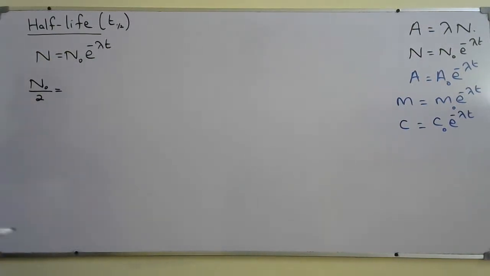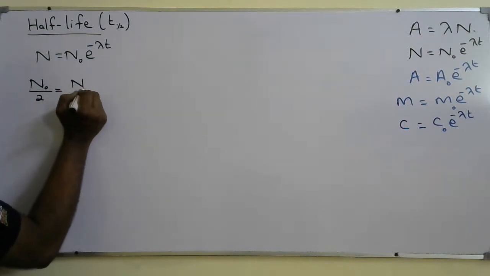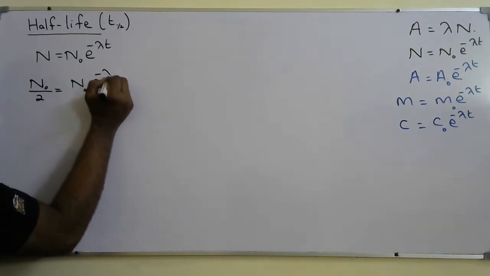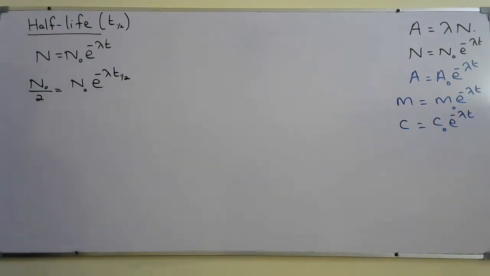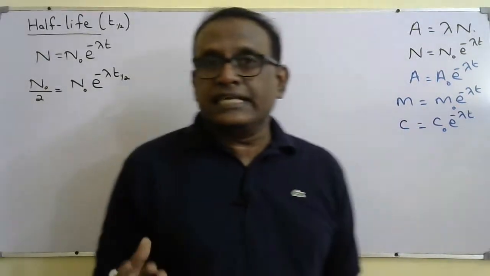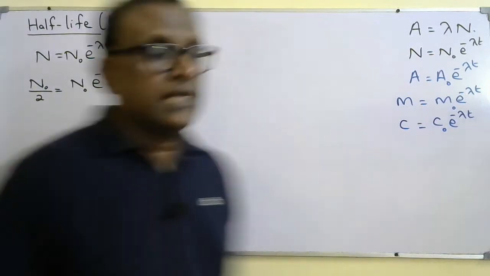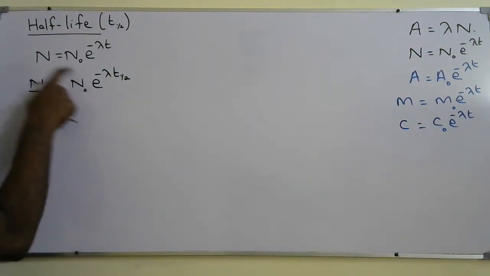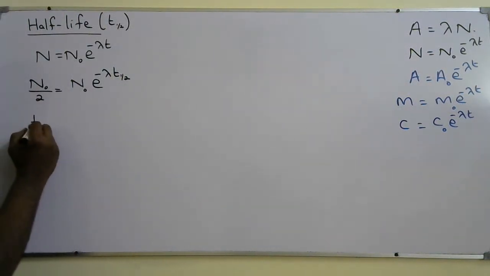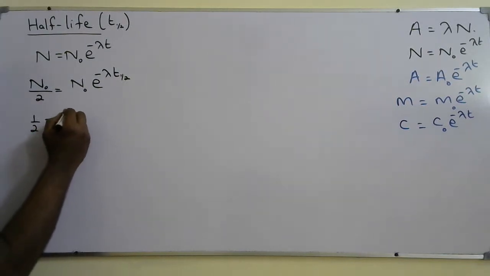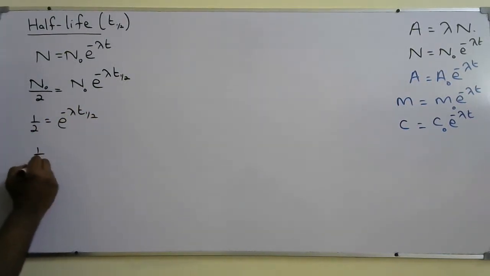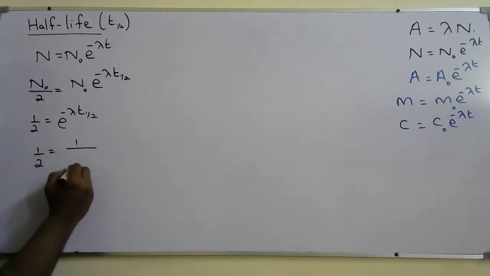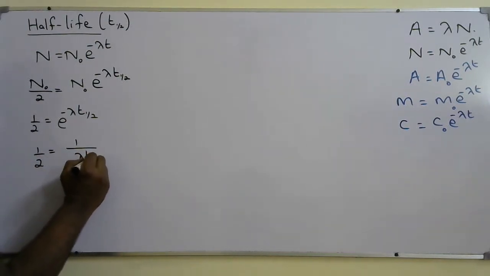We'll see that. So N naught by 2 is equal to N naught e to the power minus lambda T half. We'll get an expression for T half. And we'll see, will it be a constant? Yes, N naught and N naught will get cancelled. So half equals e to the power minus lambda T half. This I can write as half equals 1 over e to the power lambda T half.